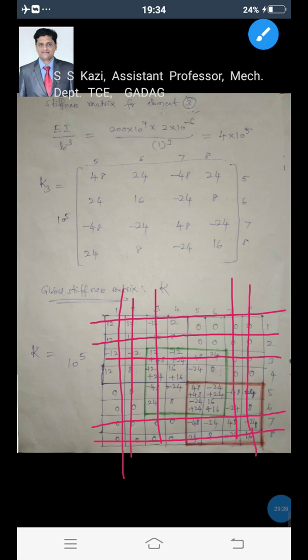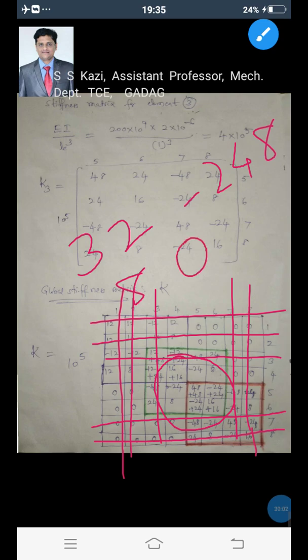That is, you can observe here only these terms, that is a 3 cross 3 matrix, that is 16 plus 16, that is 32, minus 24, next third term 8, next 8, okay 8, next is 0, next is 32.